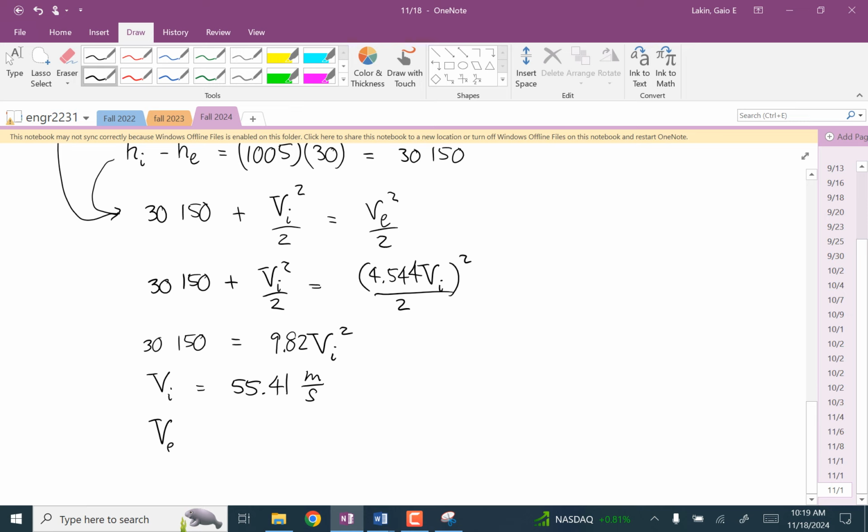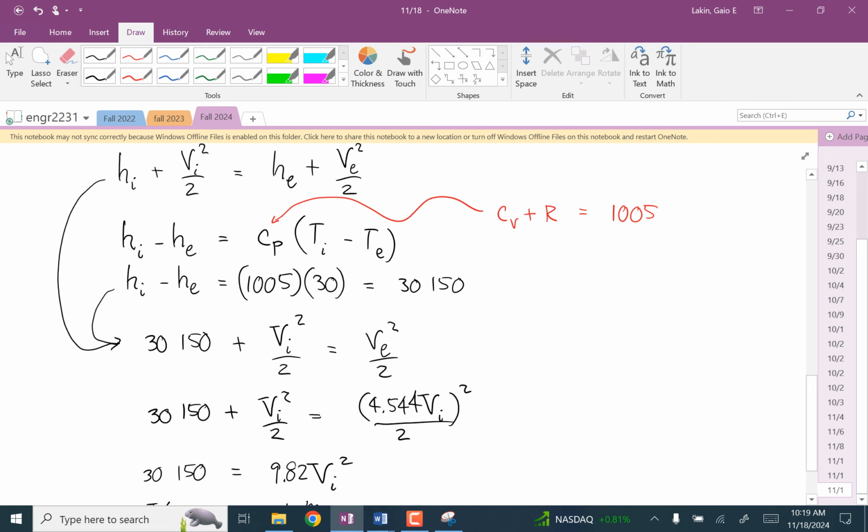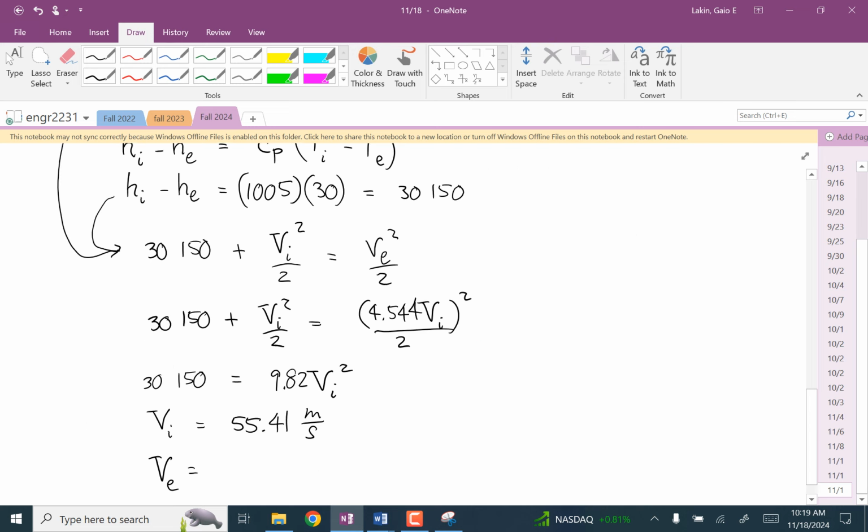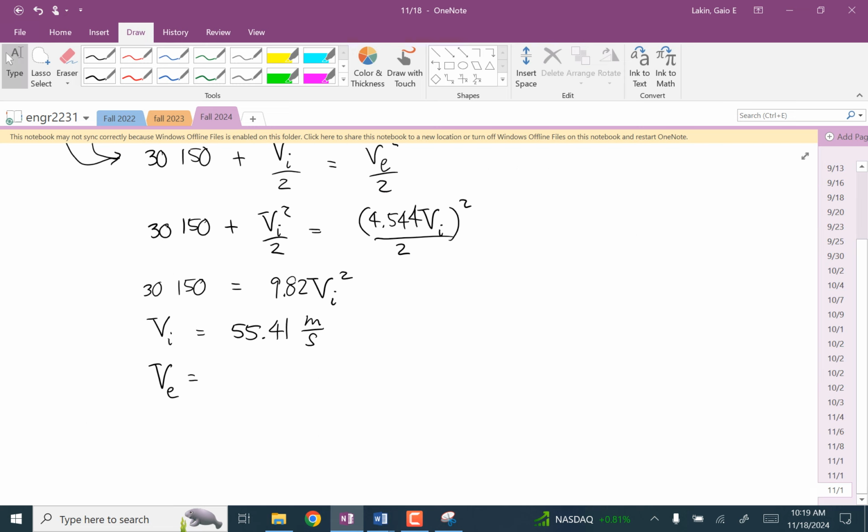And so VE is that times 4.544. So 251.78 meters per second.